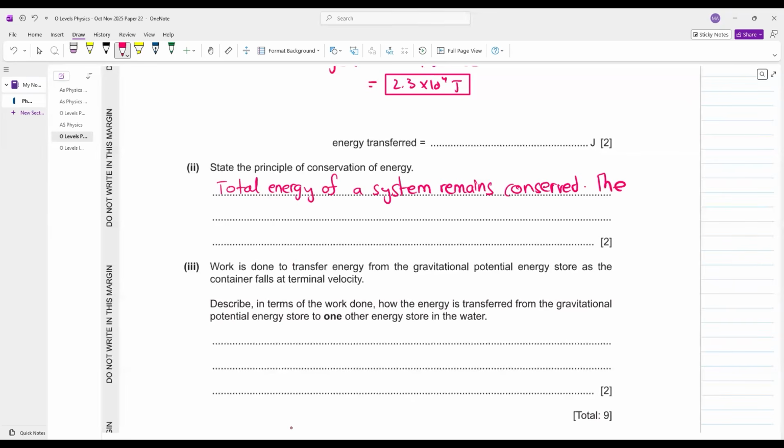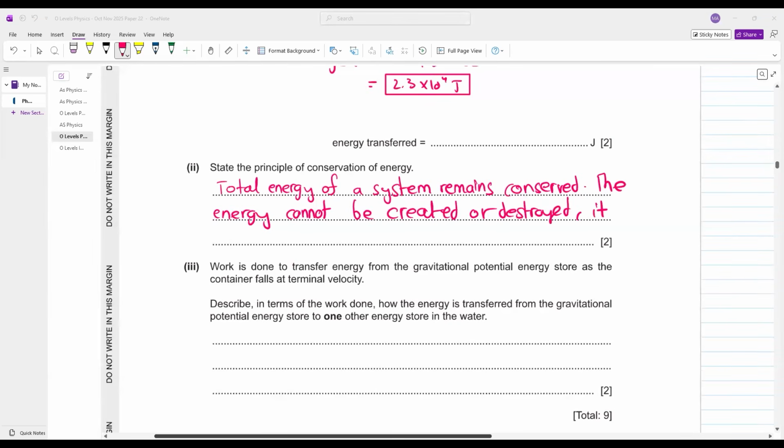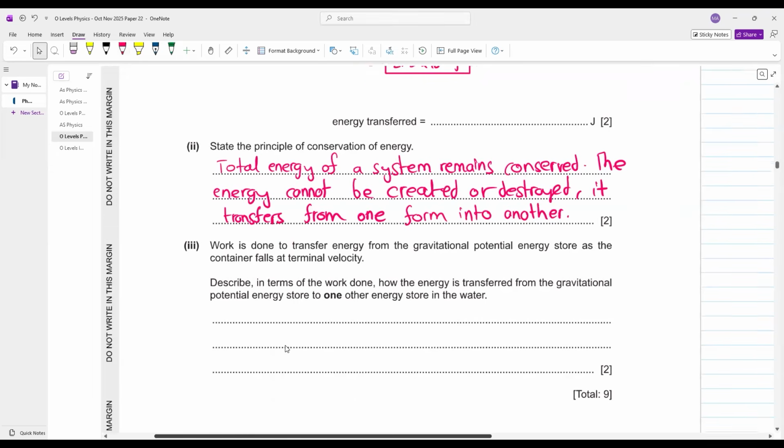The energy cannot be created or destroyed. It transforms. Yeah, it transfers from one form into another. एनर्जी एक फॉर्म से दूसरी फॉर्म में जाती है. इट कैन नाइदर बी क्रिएटेड नॉर डिस्ट्रॉयड. सिंपल. Let's further move ahead.